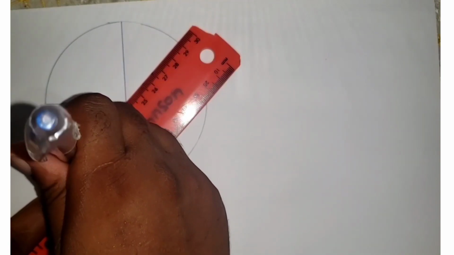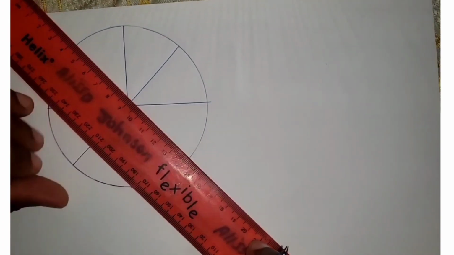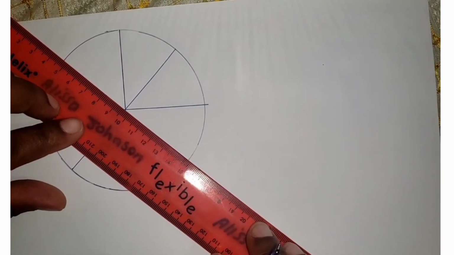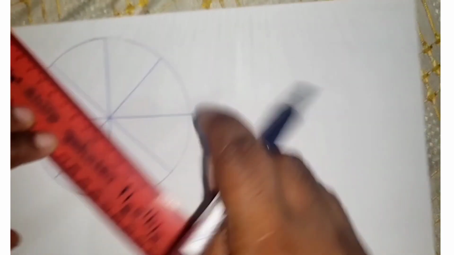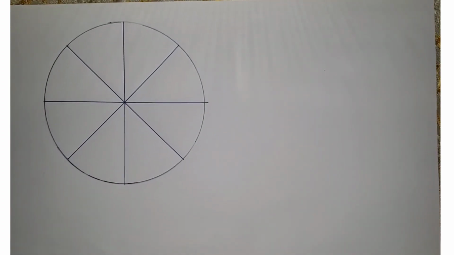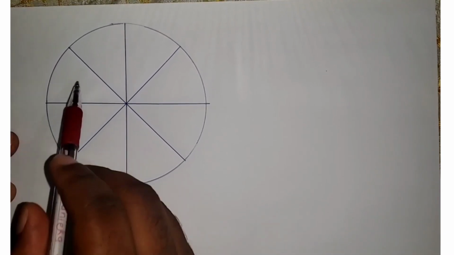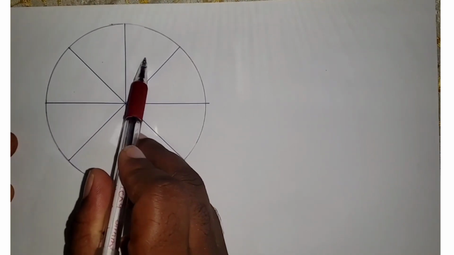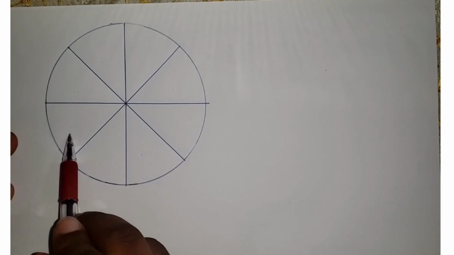Okay, let's try as best as possible to make these 8 parts equal. Okay, so here we have the 8 parts that the melon was cut into, and it said that she gave the neighbor 3/8. So this is 1/8, 2/8, 3/8, 4/8, 5/8, 6/8, 7/8, and 8/8.